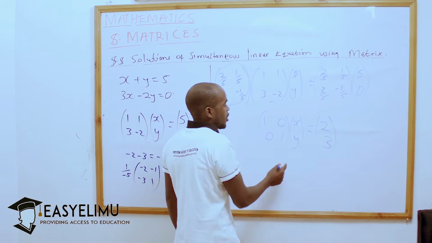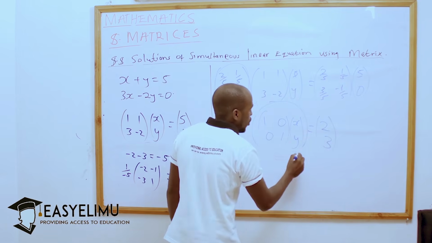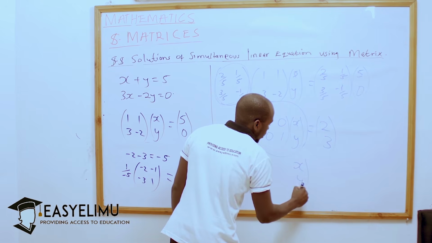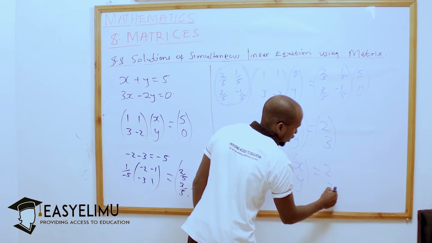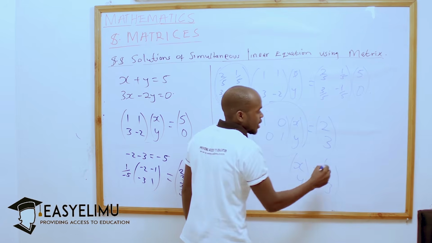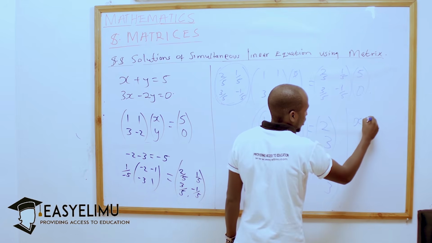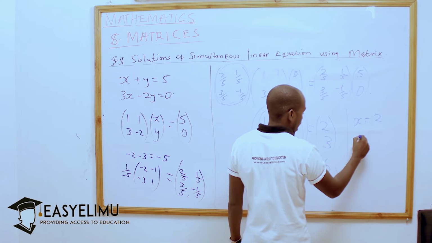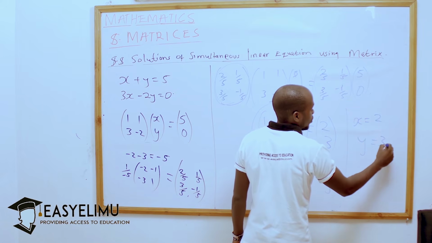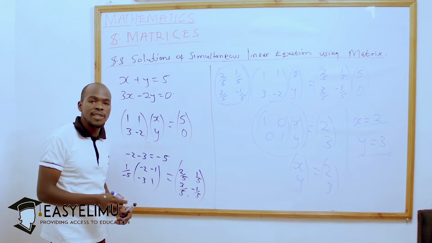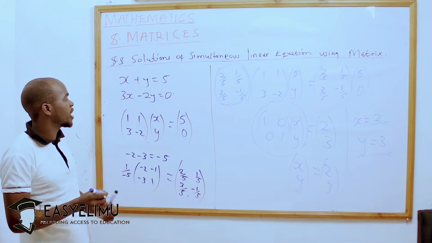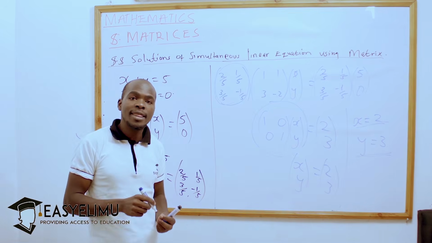If you work this out, you are going to remain with x, y, and the right hand side is going to give you 2, 3. So the value of x is equal to 2 and the value of y is equal to 3. This is how I find it much easier to solve two simultaneous equations using matrices than any other kind of method.